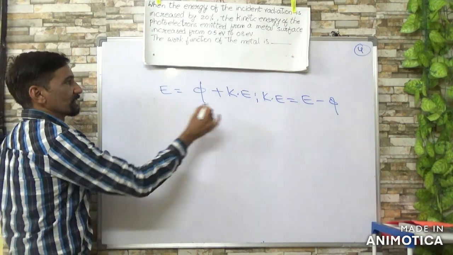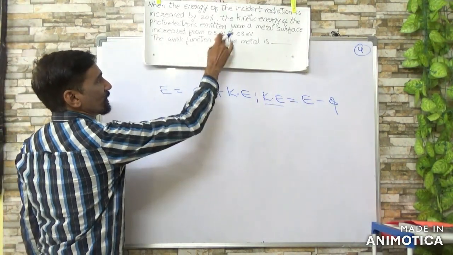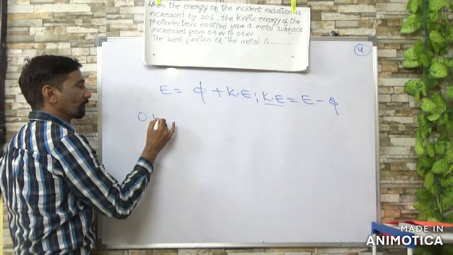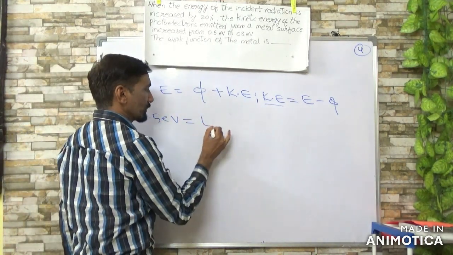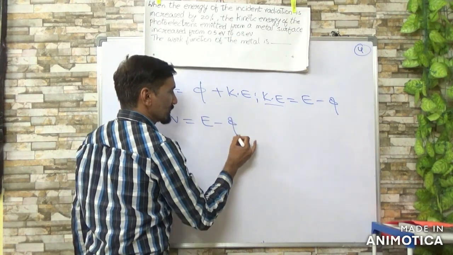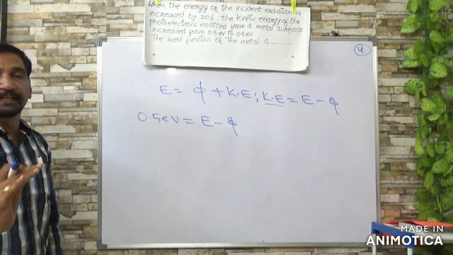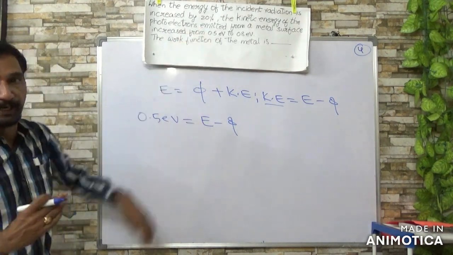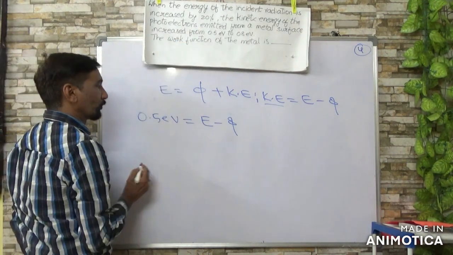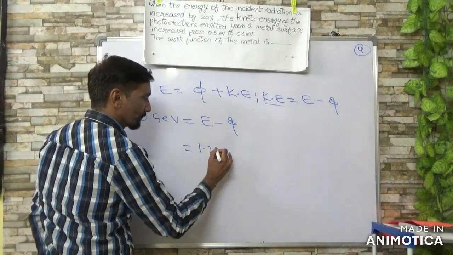So in the first case, kinetic energy is 0.5 eV, na, which is equal to incident energy minus work function. But in the second case, they are saying that energy increases by 20%, means 1.2 times total energy.